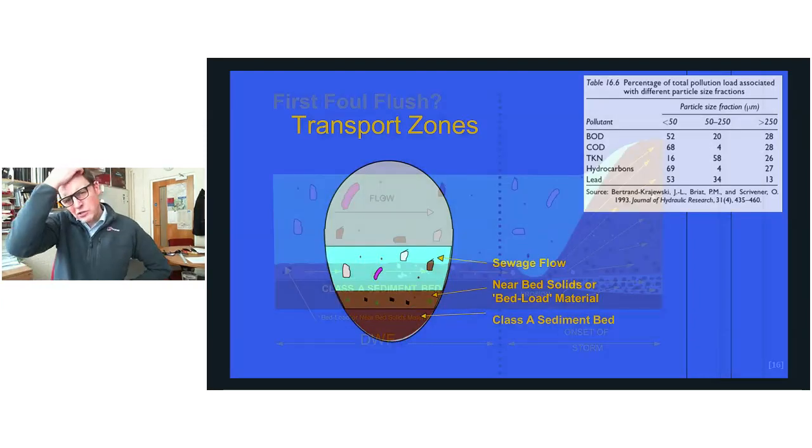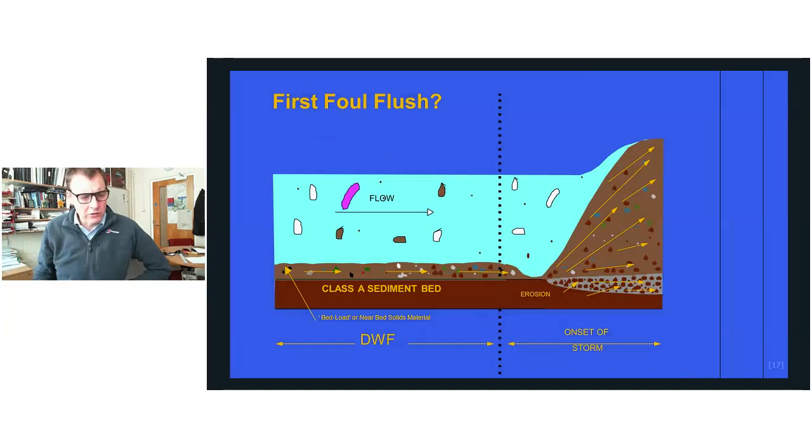So what happens during storm events? To the left here we have dry weather flow. This is like a long section through the pipe which I showed in the previous slide. We've got a Class A sediment, we've got our bed load above that, and then our suspended solids.